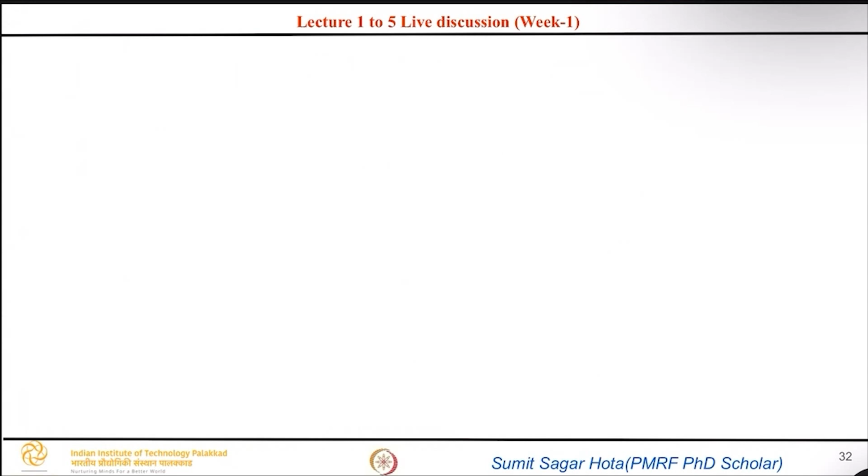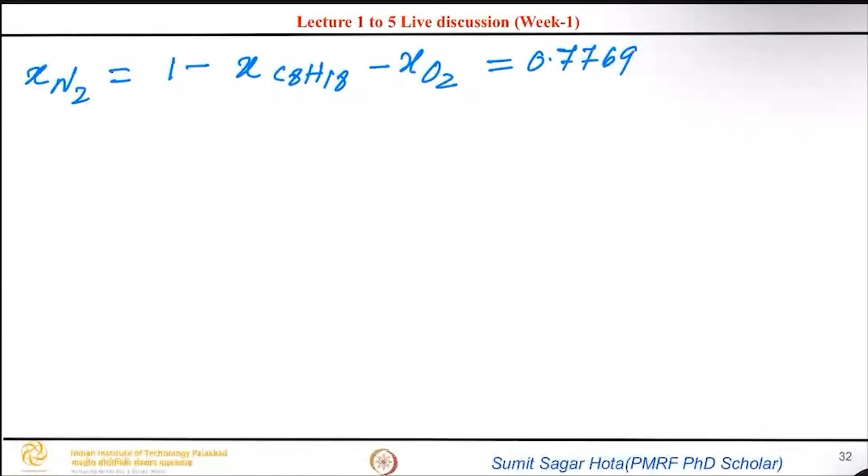That is x of N2 equal to 1 minus x of C8H18 minus x of O2, which gives 0.7769. Okay, 0.7769. Okay.